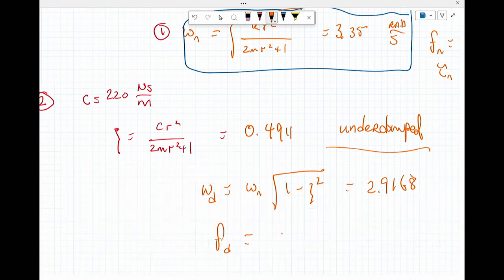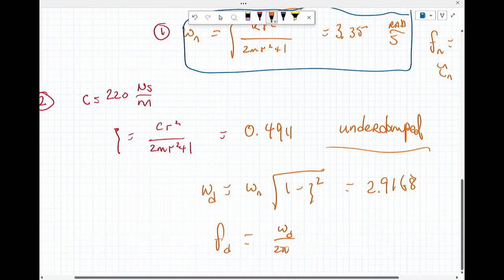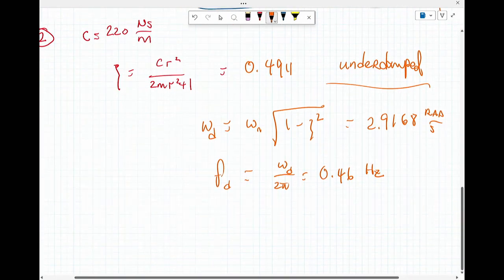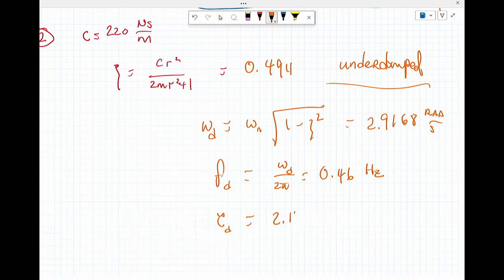Frequency damped is omega d divided by 2 pi, which equals 2.46 hertz. And tau d is equal to 2.15 seconds.